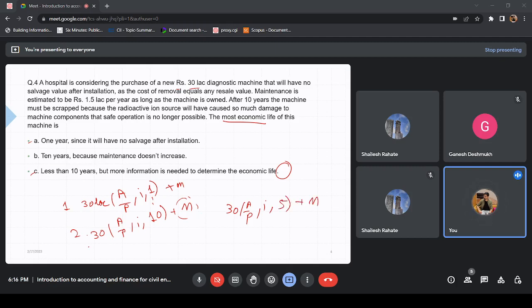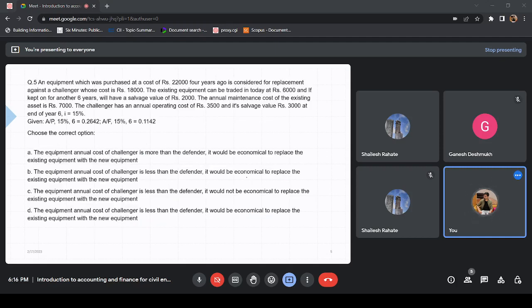At the end of 10th year, we are getting this value, and we know that this value will always be greater than this value. Similarly, you can go till 1 to 9. So that way you can say that 10 years is the answer only because maintenance cost is fixed. It is not varying. If it varied, you might get a different answer. So we don't have to look into C. Moving on to the next question.